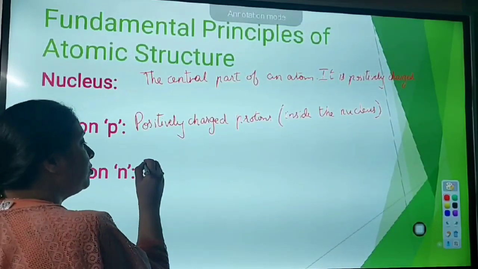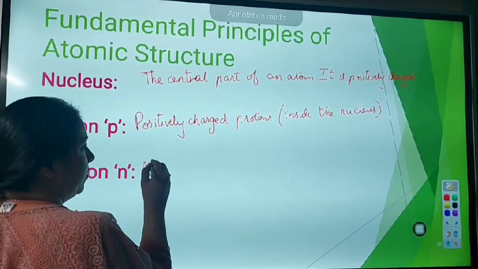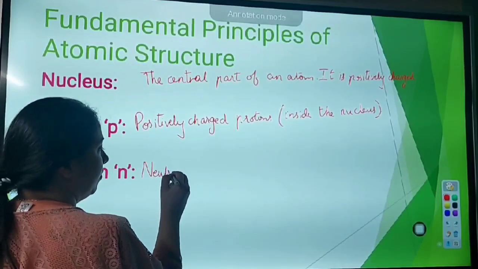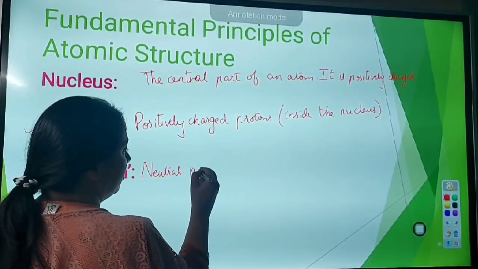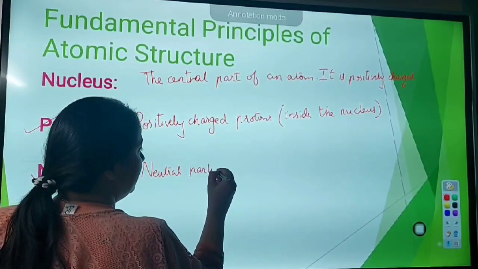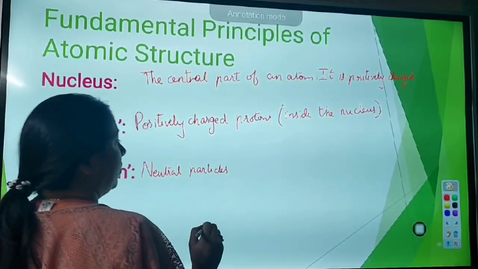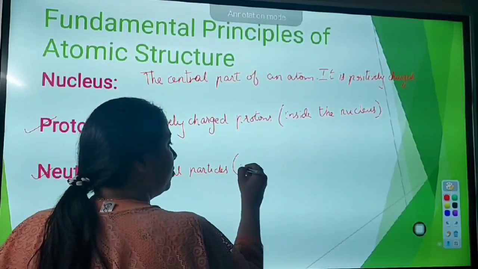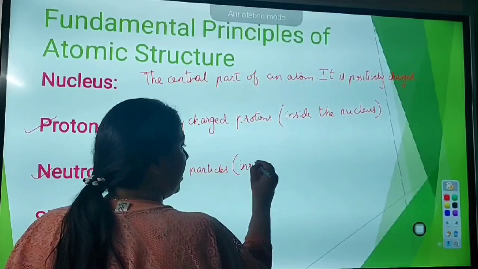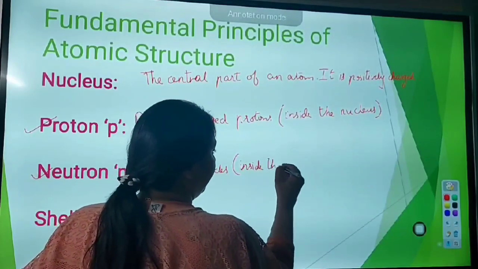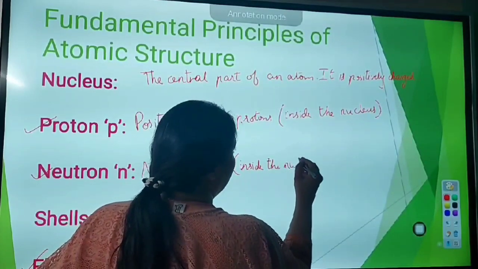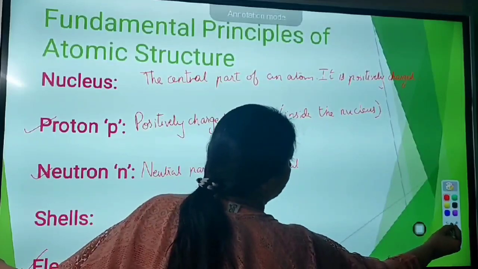Neutrons, they are neutral particles. Okay. They are also inside the nucleus.